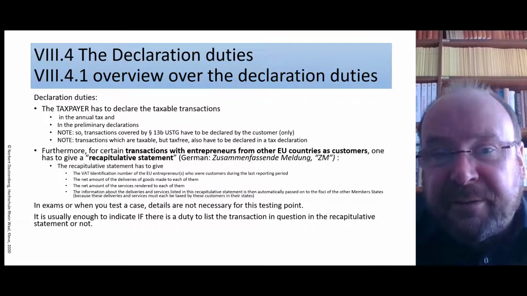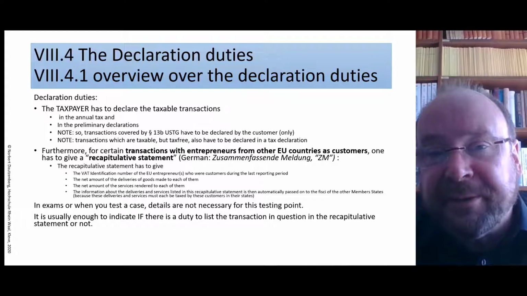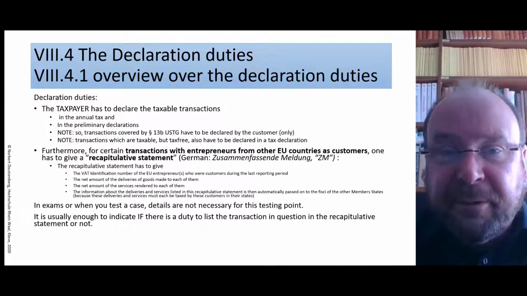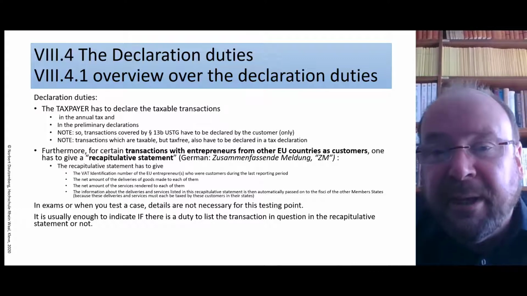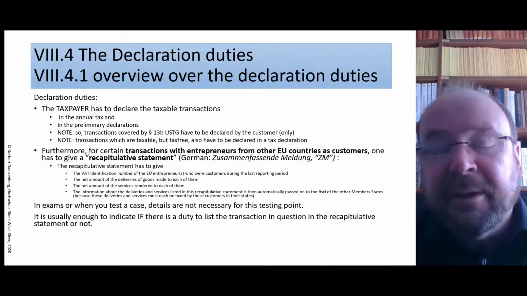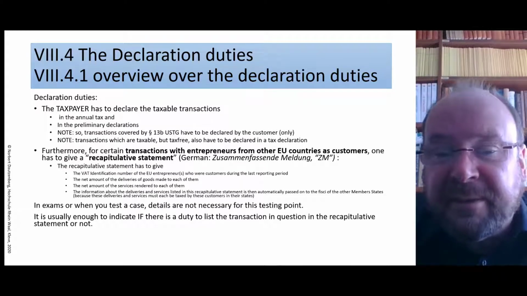That, by the way, first requires that in your accounting, when your accountants type in their invoices, they manage to keep deliveries of goods and services made to the same EU customer with the same VAT number apart, because they have to be declared separately.